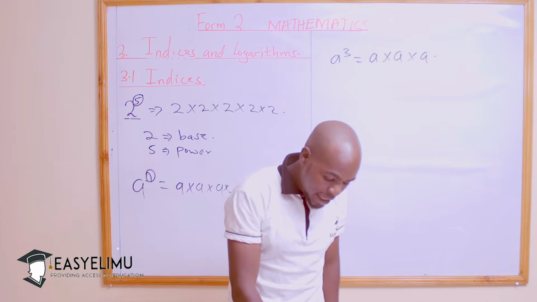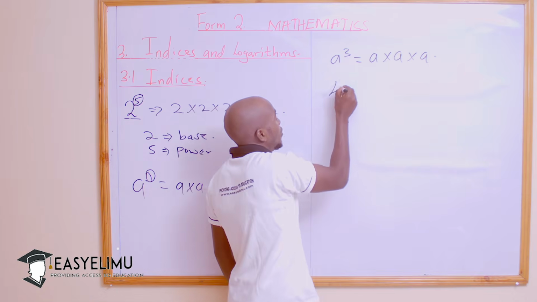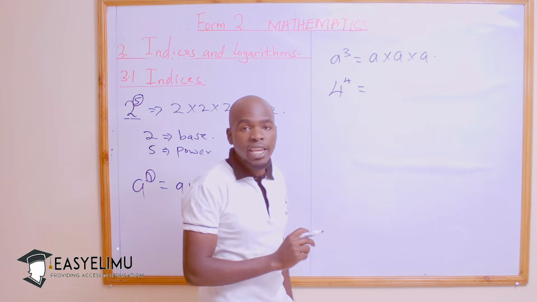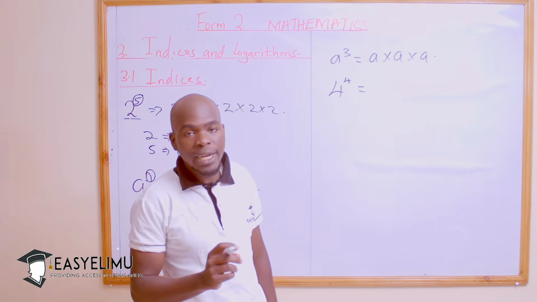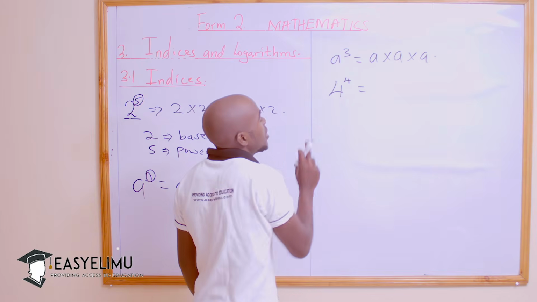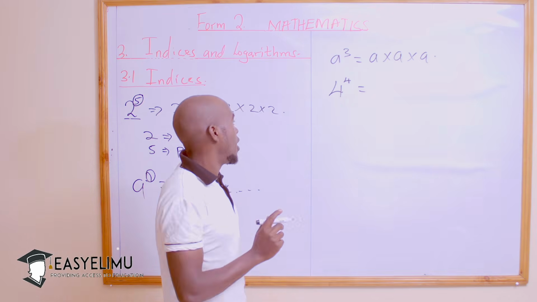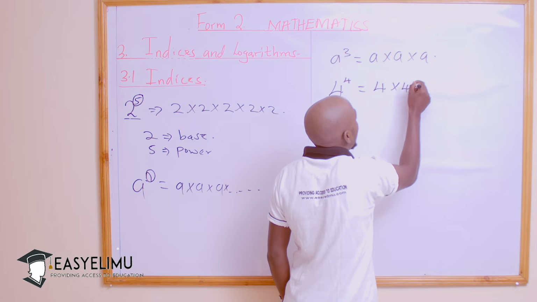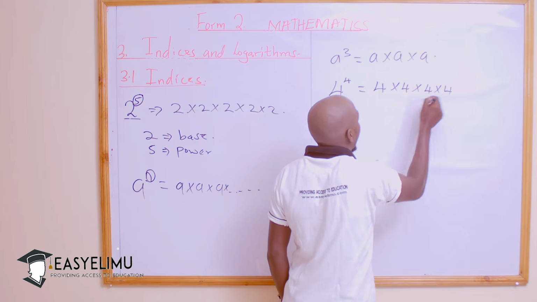And if we have another number like 4 raised to 4, this 4 here is the index to which the base 4 is raised. I'm referring to the base 4, and 4 there being the index or the power. Now this simply means we have to multiply 4 up to 4 times.